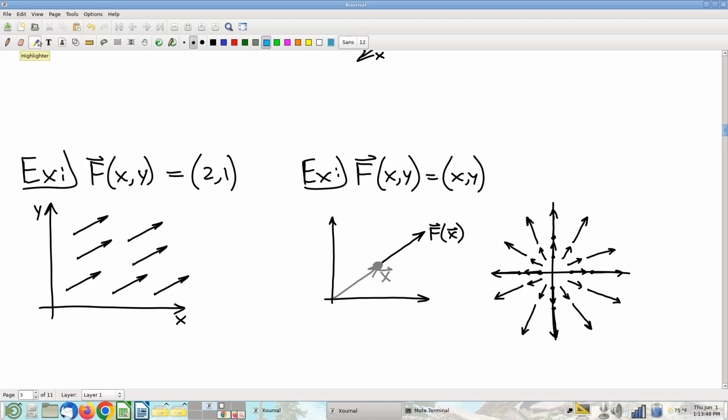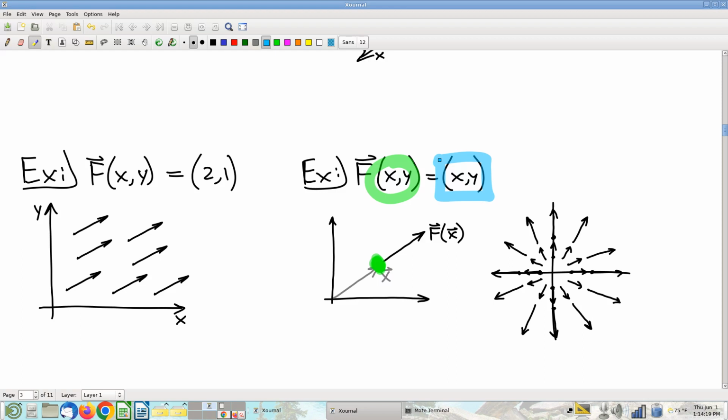Okay, here's another one. This is a little bit of a weird one. For every point x, y, okay, weird, the field vector is also x, y. But now keep in mind, the field vector has to be interpreted as a vector.